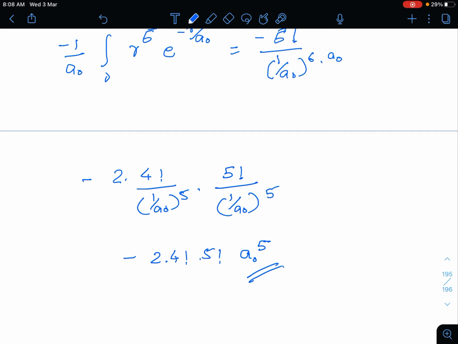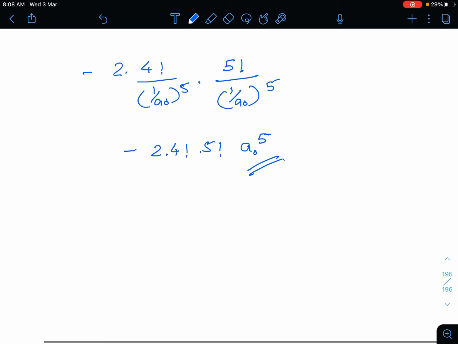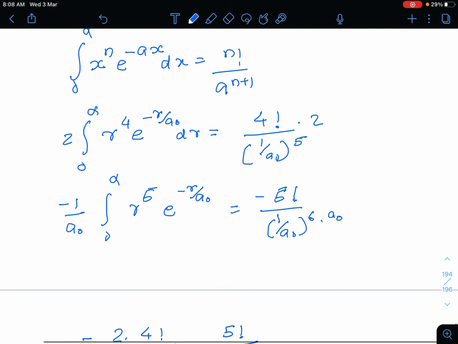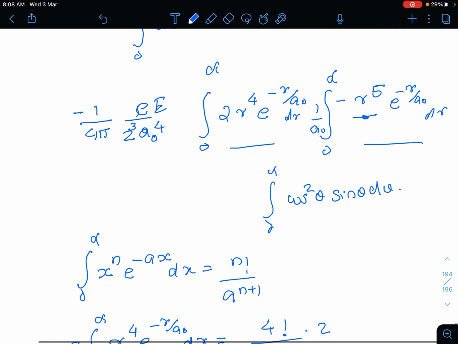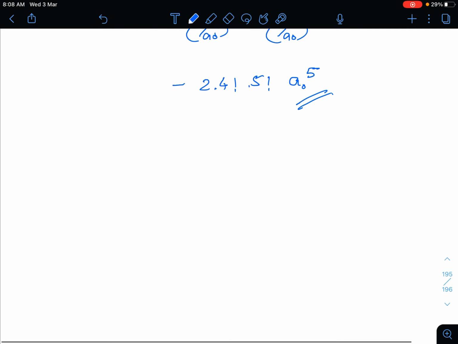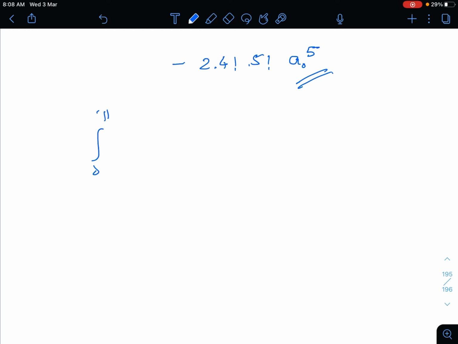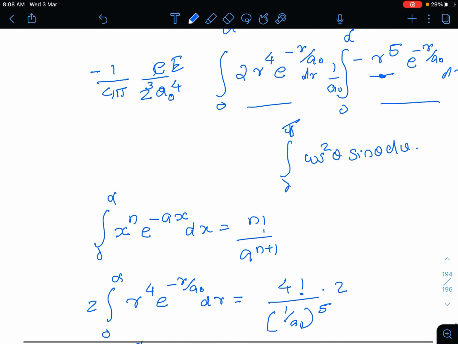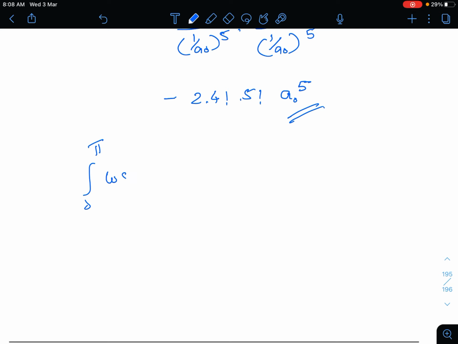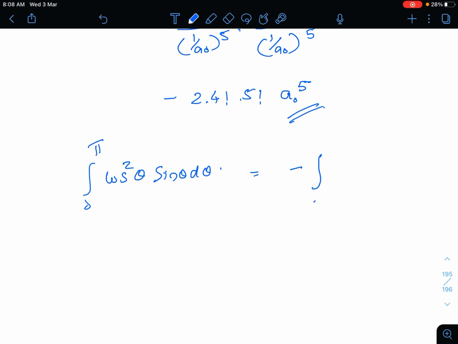Okay. Then you have the other function, that is integral 0, oh sorry, I have written infinity, no, that's pi. So integral 0 to pi of cos square theta sin theta d theta. That's another very simple one. So sin theta d theta, I am writing it as minus integral cos square theta d of cos theta.